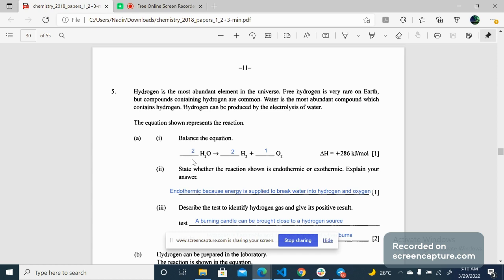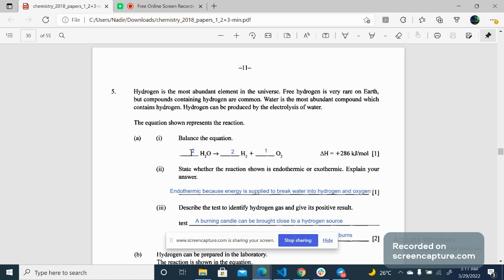So if we put 2 here, we have 4 hydrogen atoms, because H2 means 2 atoms, and with a coefficient of 2 it means 2 molecules, so 4 atoms in total. If we also put 2 here, this also is 4 atoms of hydrogen.